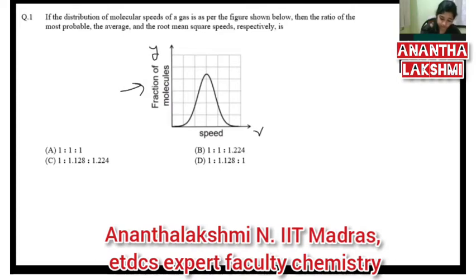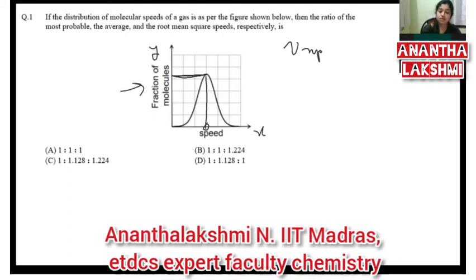So what is the most probable speed? We can see that the peak is this, and the corresponding speed will be our most probable speed. We can see that is exactly the midpoint, right? Yeah, that will be the speed. Okay, so now we have plotted the most probable speed, VMP.